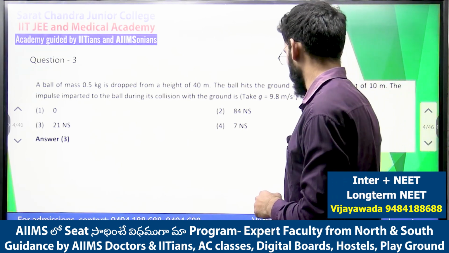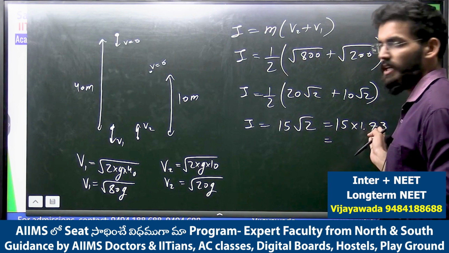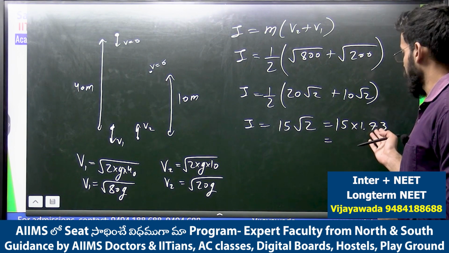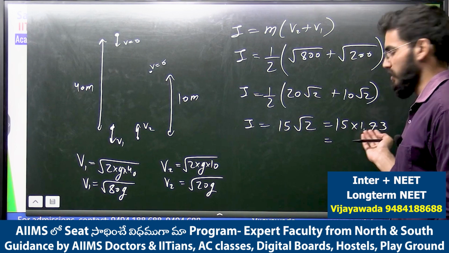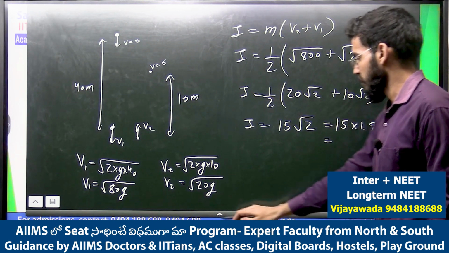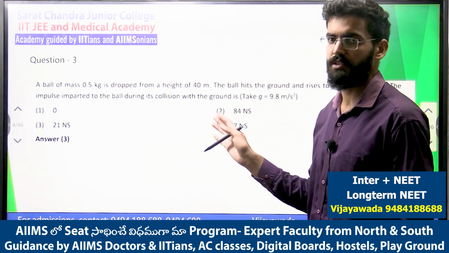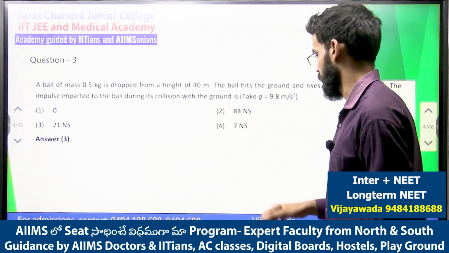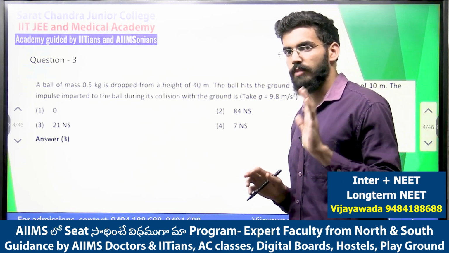Otherwise, if you take root 2 as approximately 1.5, then 15 into 1.5, how much? 3 by 2 times, right? So 7, 21, 22 approximately, that only. So we will take the third option, because all options are very far away from each other. Okay, so you don't have to worry about that much. See the options, options also give you very much relaxation.